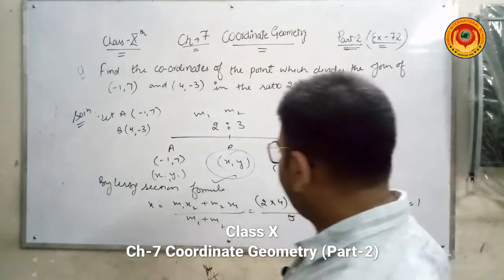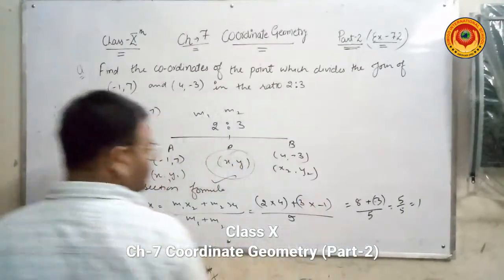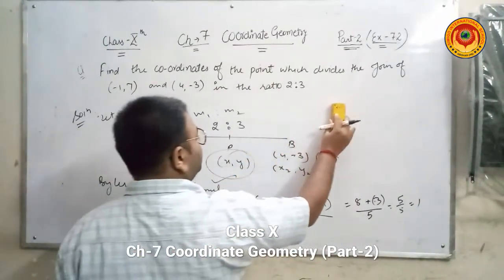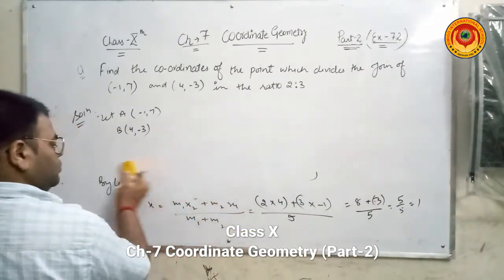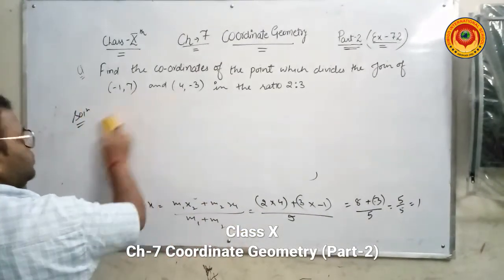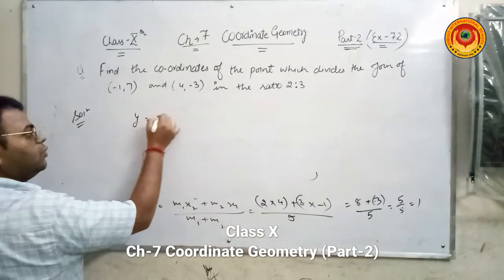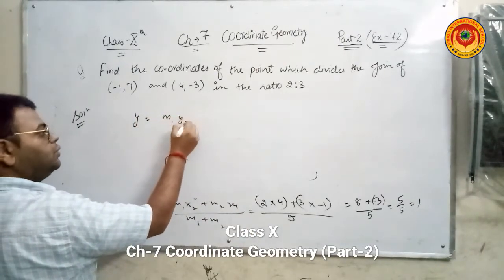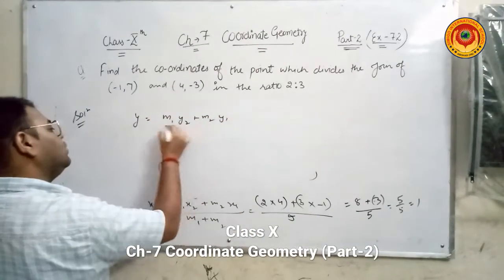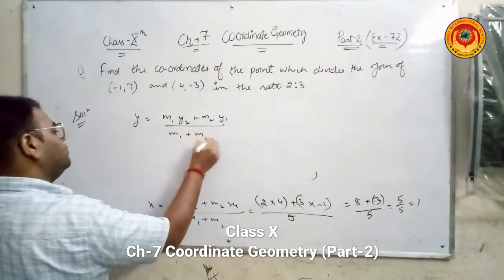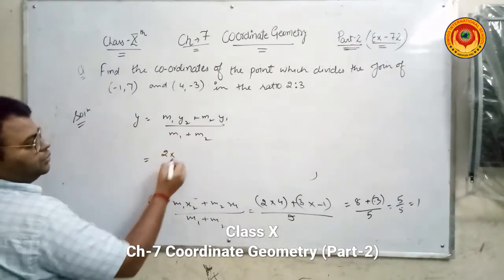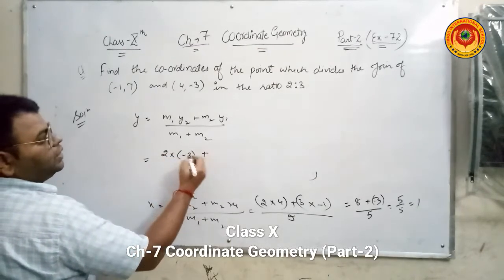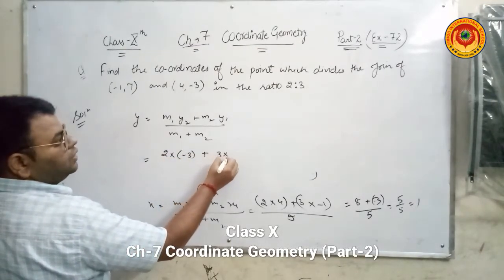Again, similarly you can find y. Now for y, what's the formula? m1 y2 plus m2 y1 over m1 plus m2. What is your m1? 2. What is your y2? -3. What is your m2? 3.